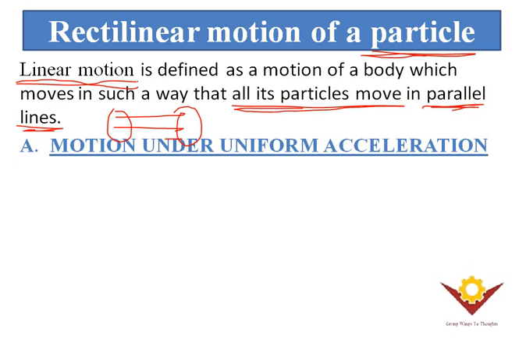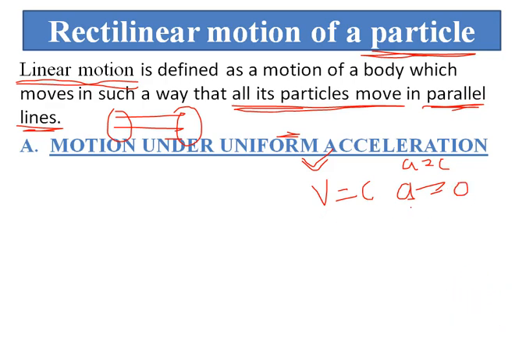Before considering any equations, we have to consider two things. The first is motion under uniform acceleration, and the second is motion under variable acceleration. Here the acceleration is constant. For example, if your velocity is constant, your acceleration is zero.